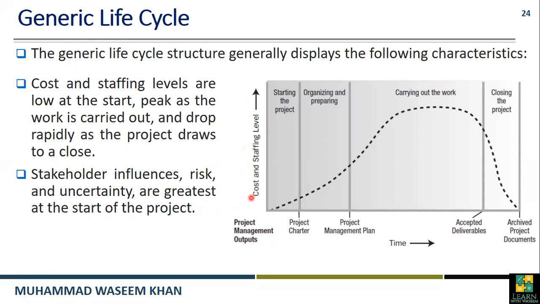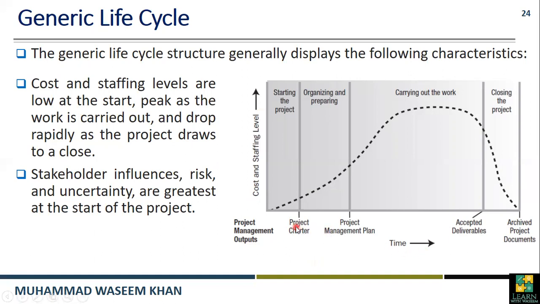This graph represents the project life cycle. In this graph, we have cost and staffing levels required for completing a project on the y-axis. On the x-axis, we have time, the duration for each phase.